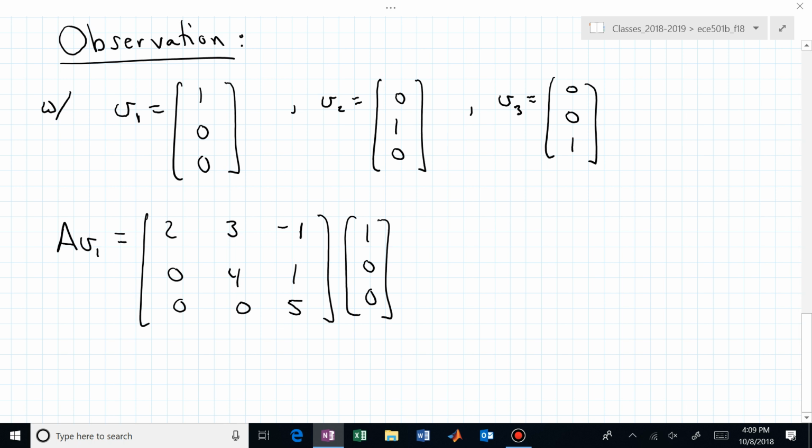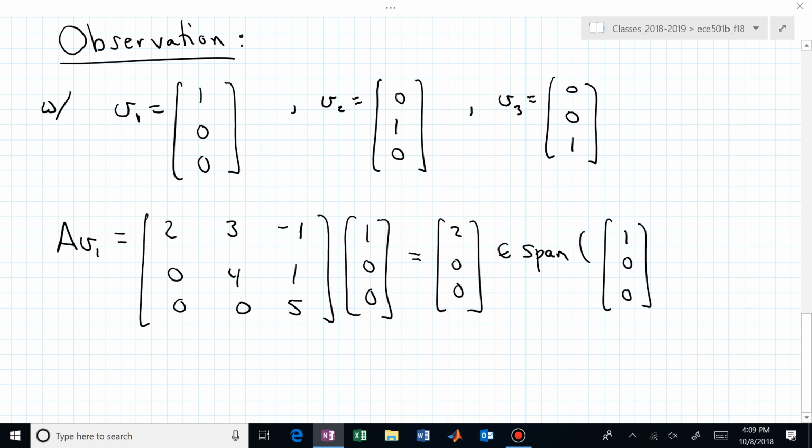It's just pulling off the first column of that A. So this is now going to yield 2, 0, 0, and that, I hope you can see, is in the span of v1. Some linear combination of that v1 vector, and yes, it is. It's actually 2 times that vector.